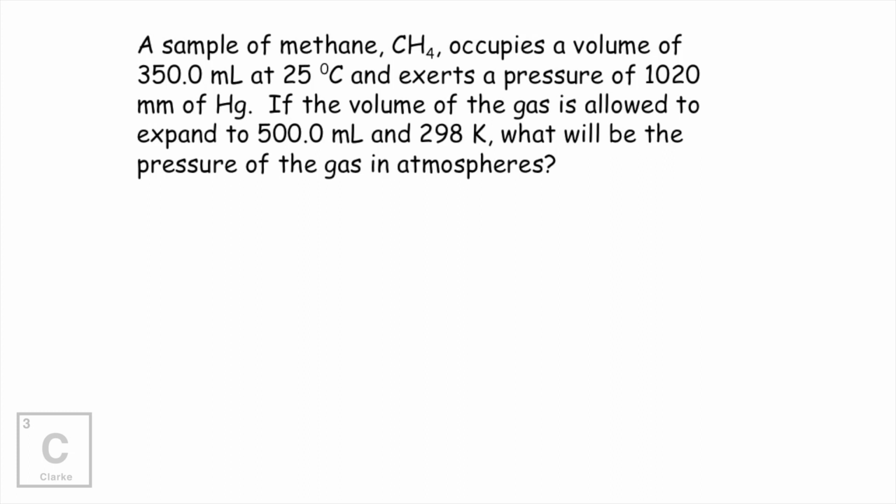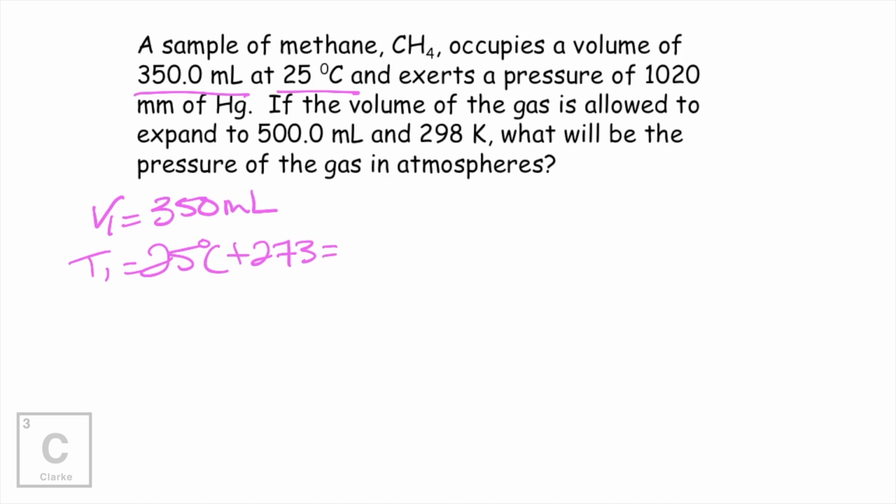Okay, so again, I'm going to reread that problem, paying attention to just the numbers, okay? Milliliters, 350 milliliters, that's a volume. Volume 1, 350 milliliters. Temperature, that's 25 degrees Celsius, and I need it in Kelvin, so I'm going to go ahead and add 273. 25 plus 273, and that's 298 kelvins. All right, and then I keep reading.